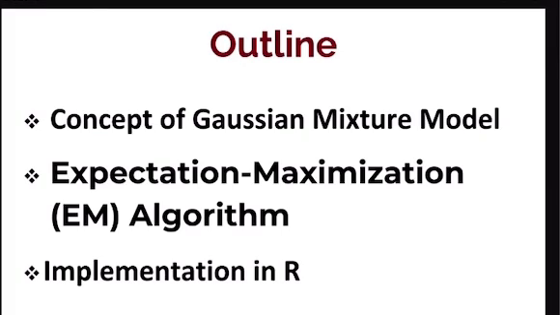Okay, I'm going to explain that to you. And of course, the approach in the Gaussian mixture model is what we call expectation maximization. Okay, I'm going to walk you through how that is going to work.